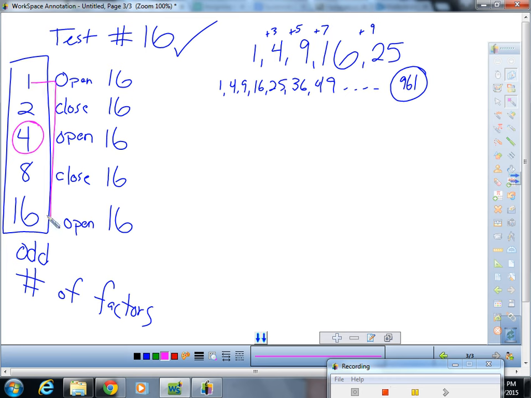Otherwise, 1 times 16 is 16. 2 times 8. That's the lonely factor. Its partner is itself. That makes an odd number of factors, and that's why the perfect squares will be the only lockers that remain open, because they're the only lockers with an odd amount of factors.